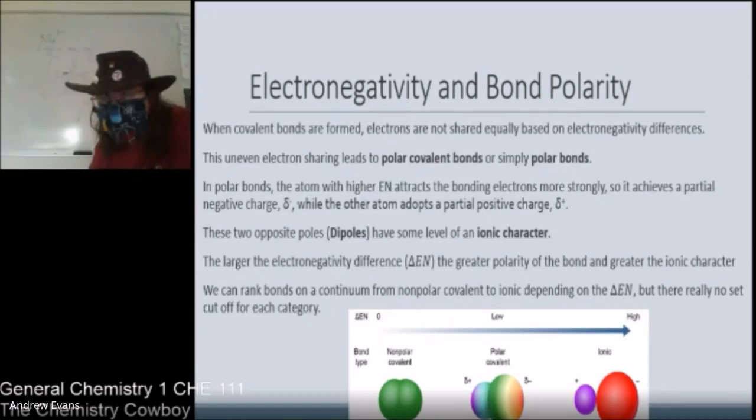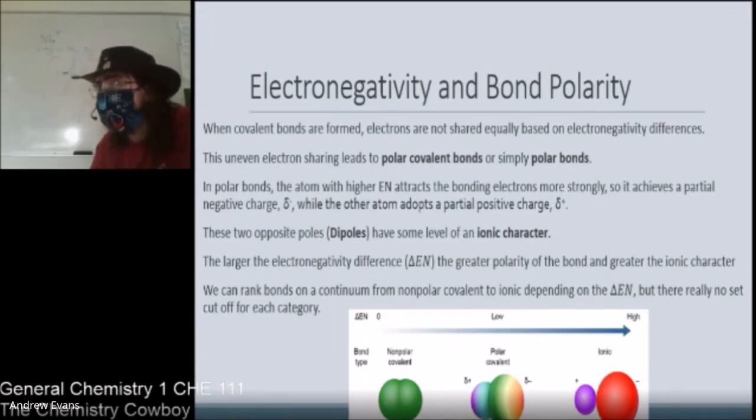But these partial charges will give it some ionic characteristic. When we have these 2 opposite poles, a positive side and a negative side, we call this a dipole. And this is going to do some stuff when it comes to chemistry, especially for those of you who will eventually take organic and who need to think about how these interact.